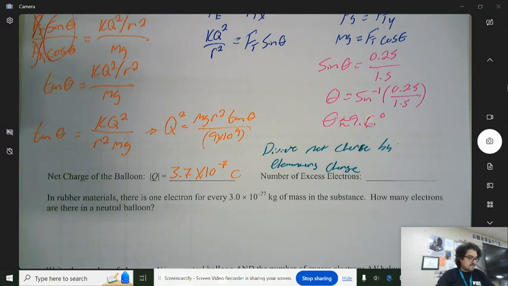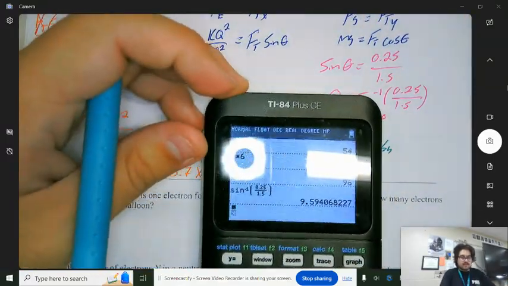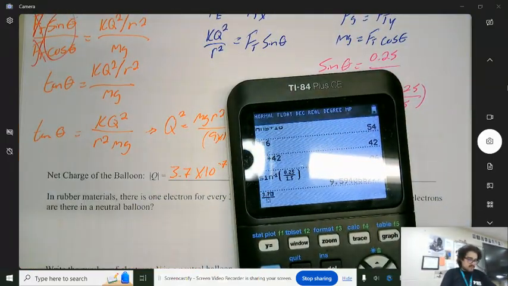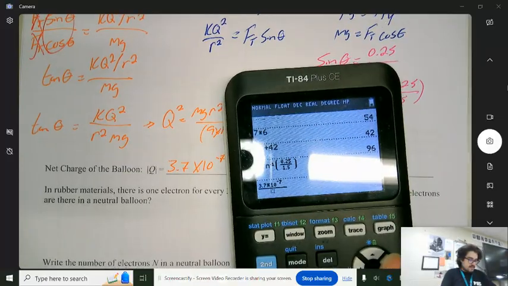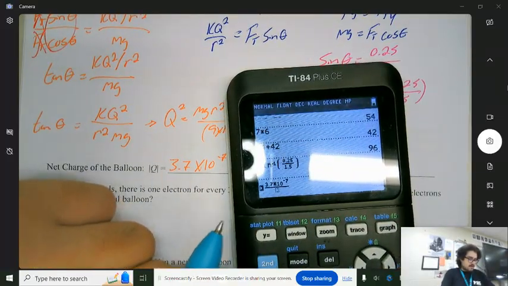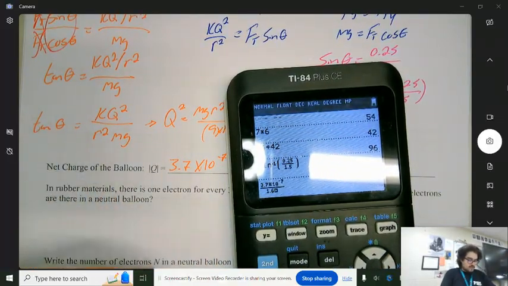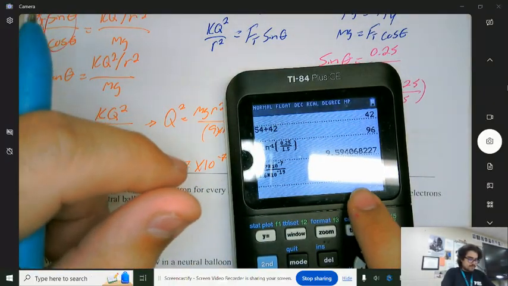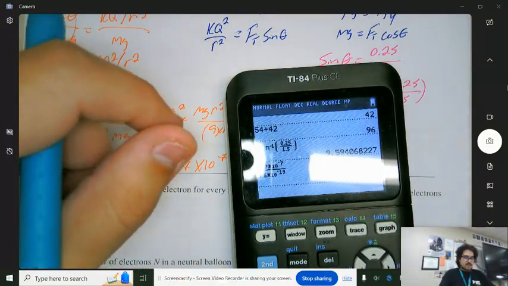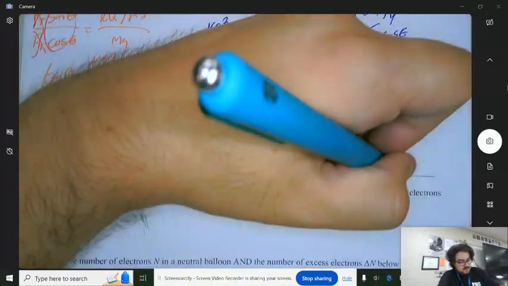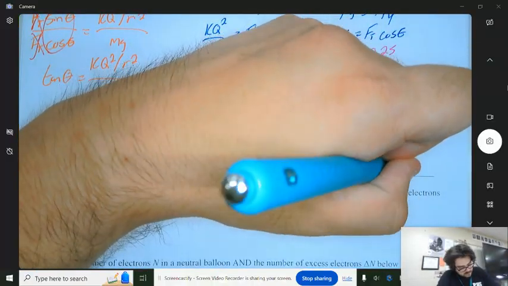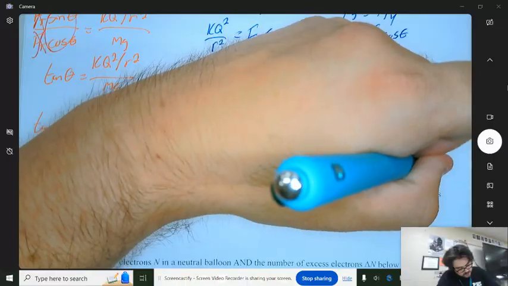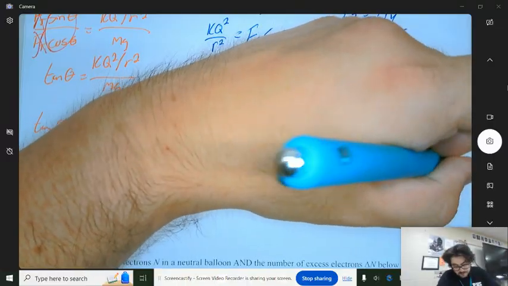So 3.7 times 10 to the negative 7th divided by the elementary charge, 1.6 times 10 to the negative 19. You should get about 2.3 times 10 to the 12th. Not negative 12th, 12th.